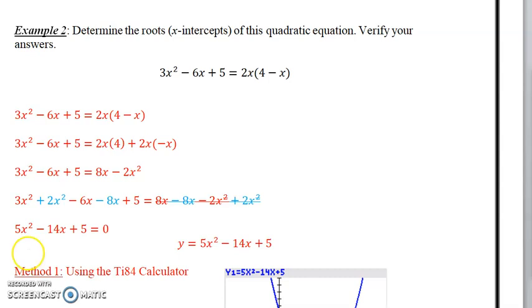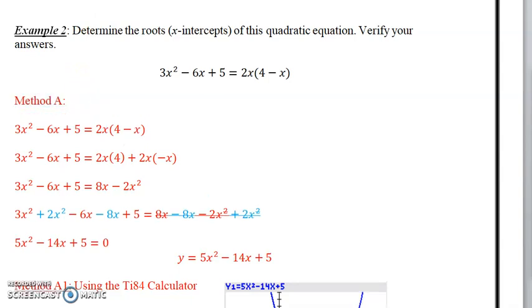Okay, so remember this method here we did. I showed it both ways, so I guess we'll call it method 1. This was actually when we left it in what's called the standard form, right?